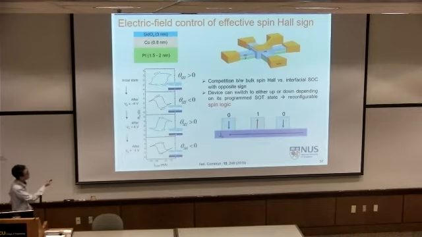And during this, we see we can effectively change the spin Hall angle from positive to negative, positive, negative. So it indeed proved our previous speculation. Once we can dope this interface with oxygen, we can effectively switch the spin Hall angle sign.